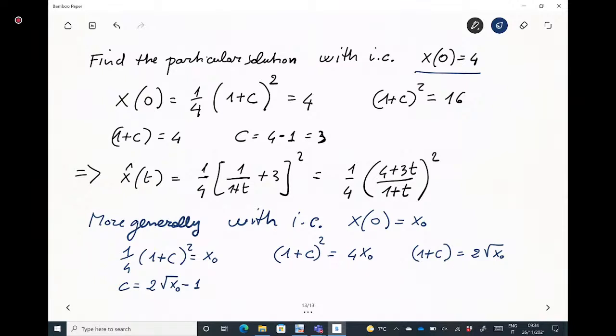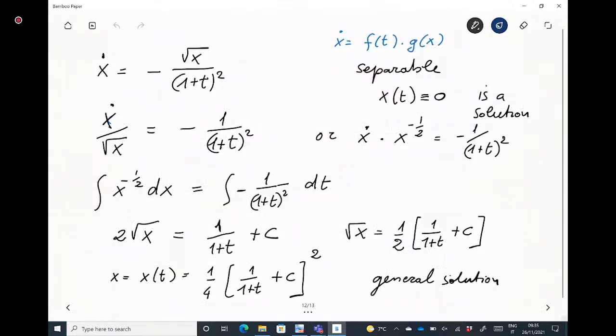Now, I want to replace into the solution x hat t, in this case, is equal to, I have to replace 2 square root of x0 minus 1. So it becomes 1 over 4, this one, plus 2 square root of x0 minus 1.